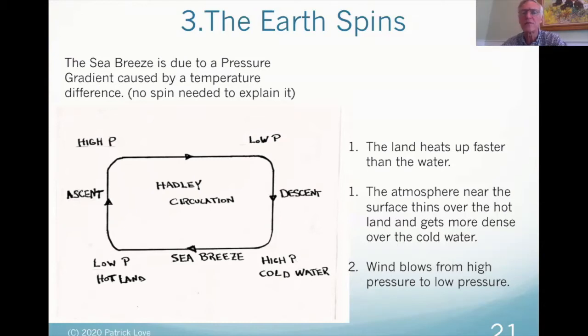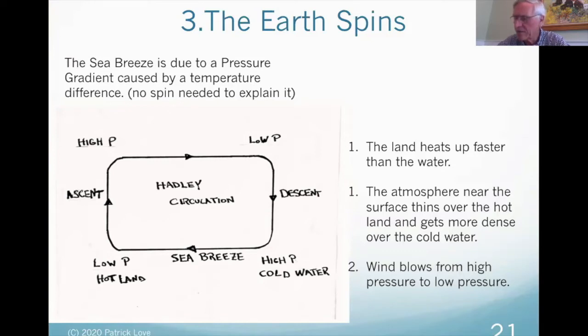You can also get a land breeze where air is coming off the land and heading out to sea. Now, this little circulation is going to become important. What we need to take away is that wind blows from high pressure to low pressure, and that you can get high and low pressures depending on differences in temperature of the surface.